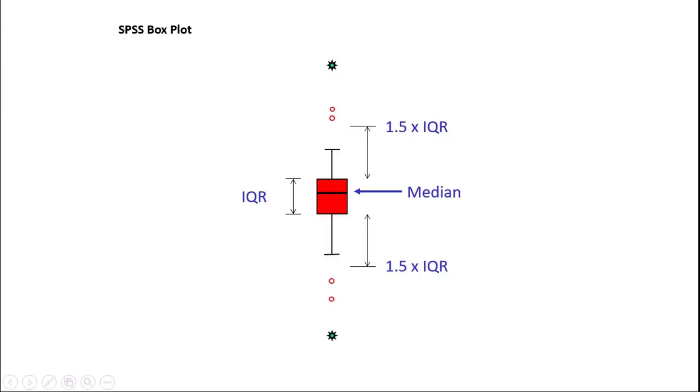Then there's a range beyond that, which is 3 times the interquartile range, the same sort of distance again. If it's between 1.5 and 3 times the interquartile range, then it's an outlier. If it's 3 times the interquartile range or above, then it's an extreme value.